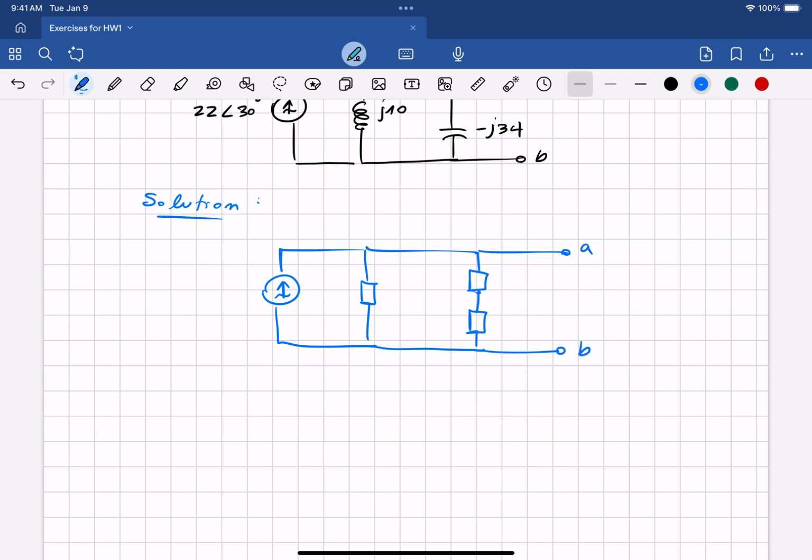Of course, based on the value of the impedance, we know that if we have a positive imaginary number, then this has to come from an inductor because of the definition, right?